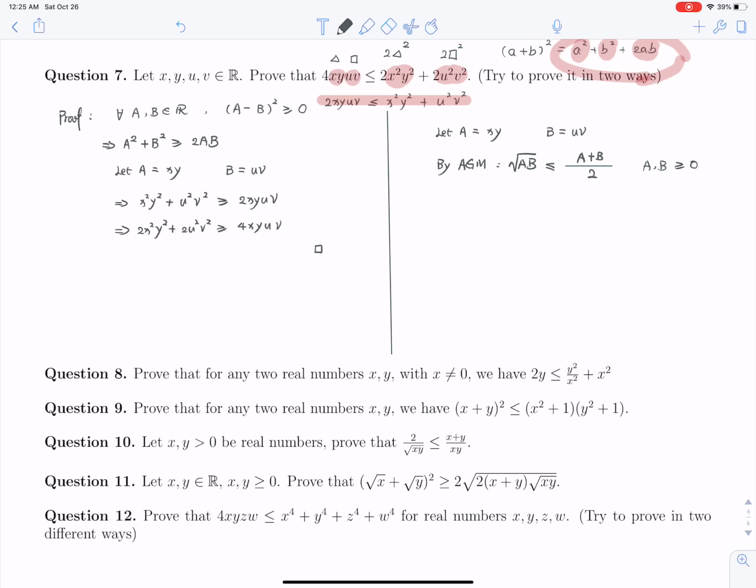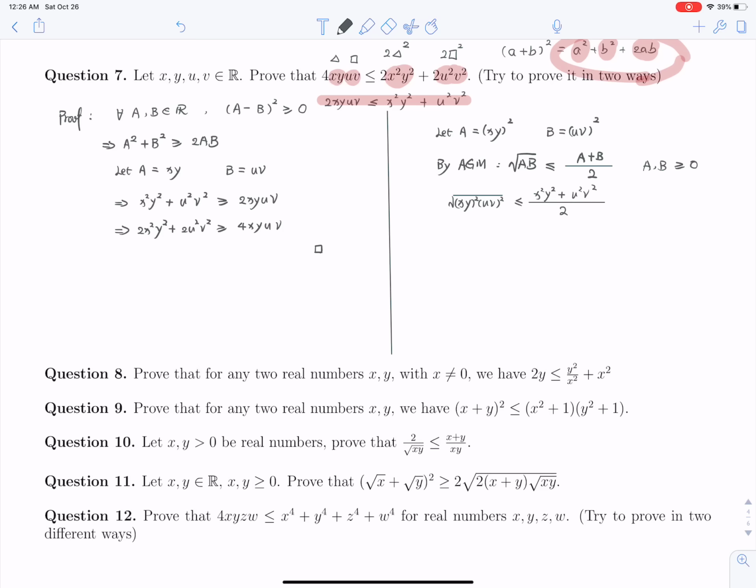Yeah, I should pick this. Now we have the square root of x squared y squared times u squared v squared is smaller than or equal to x squared y squared plus u squared v squared over 2.